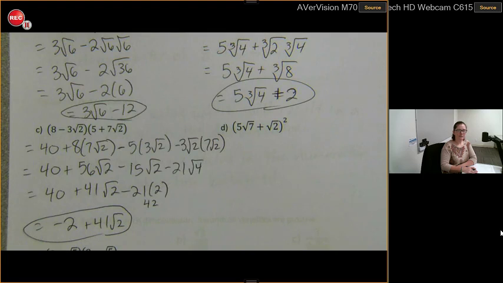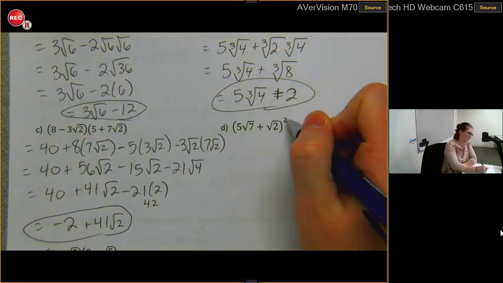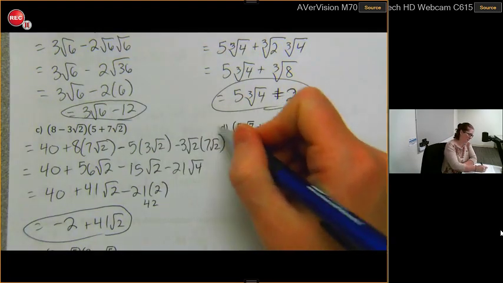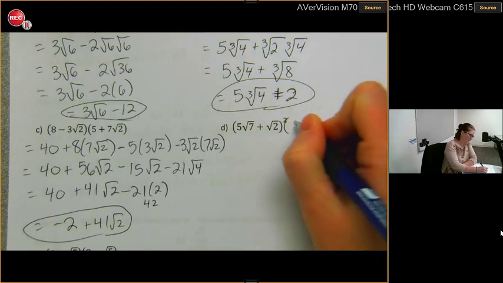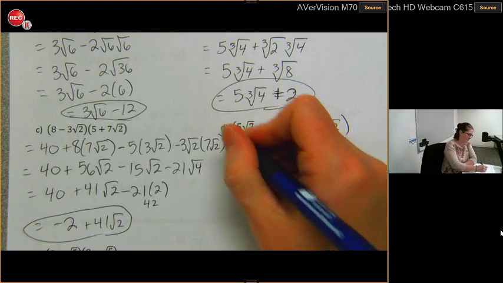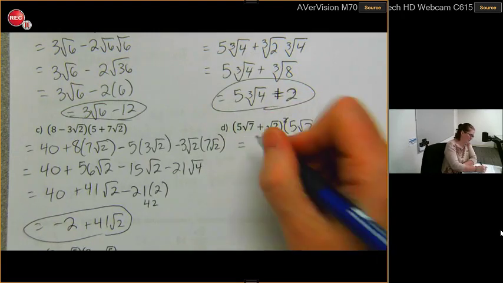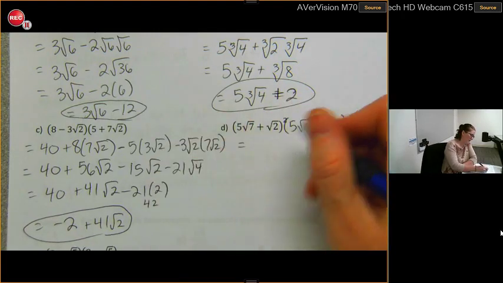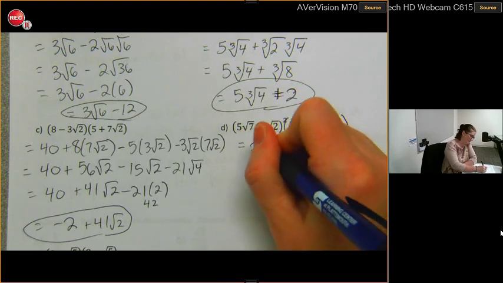Part D is also a FOIL problem. Remember, you cannot distribute the squared when there's a plus or a minus. So this is really the problem times by itself. So I'm going to FOIL. I'm not going to write out quite as many steps this time.